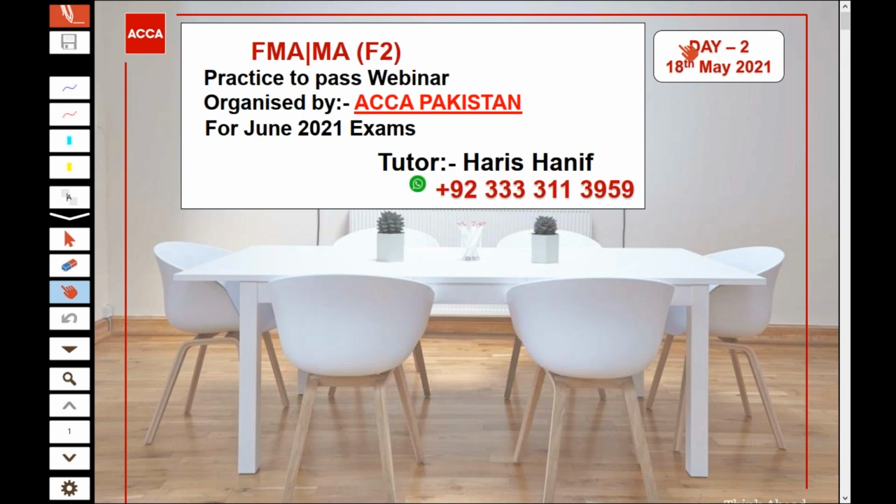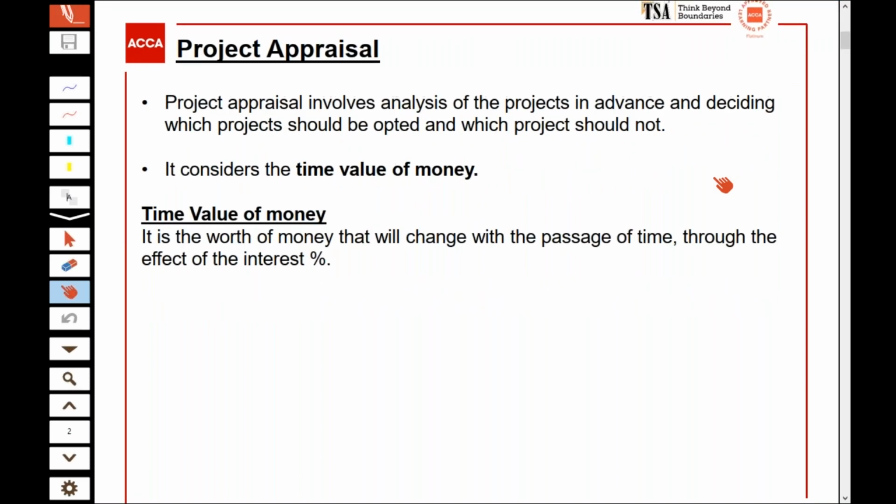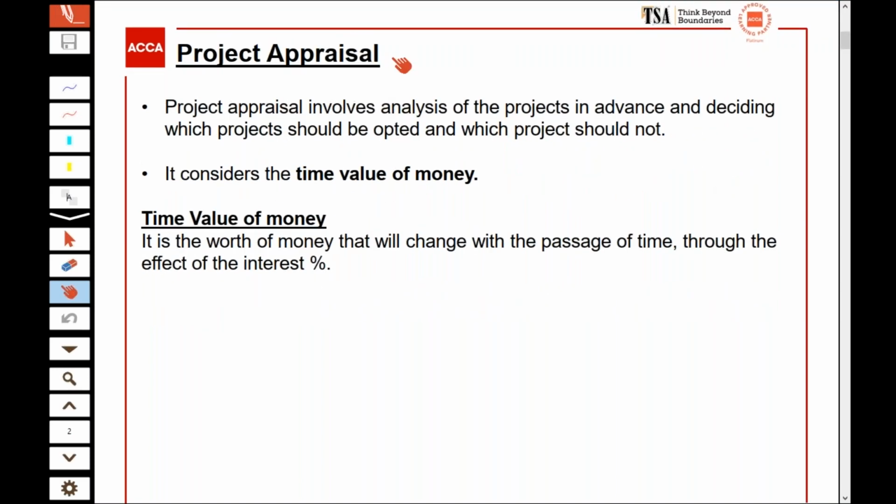Before starting, I would like to share the importance of this chapter. Project appraisal includes the calculation of the time value of money, which includes net present value, internal rate of return, and other financial techniques.